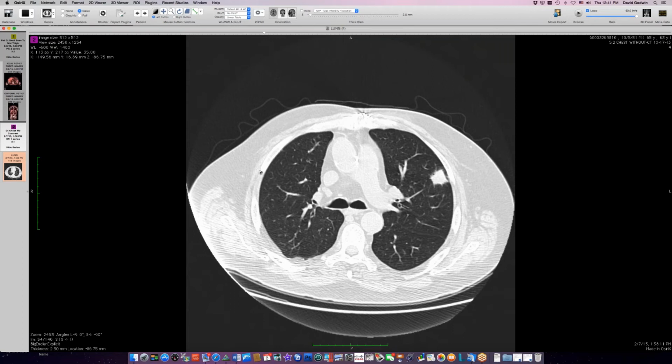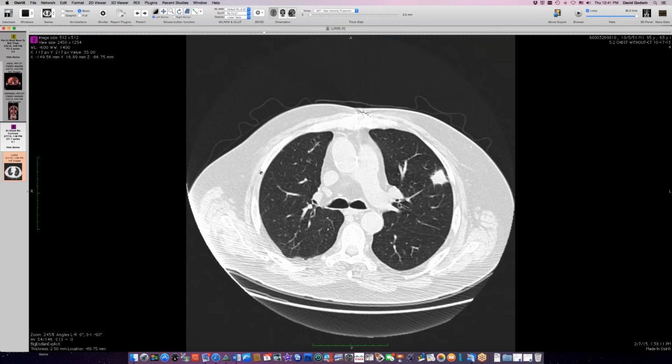So there is a problem with lavage, trying to make the diagnosis of an invasive fungus like Aspergillus. If the organisms are really tissue invasive, they are sometimes not that available to be washed out on a lavage.